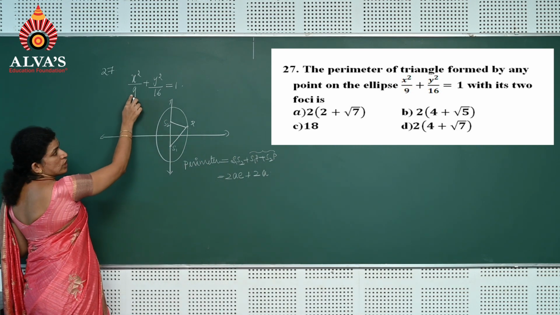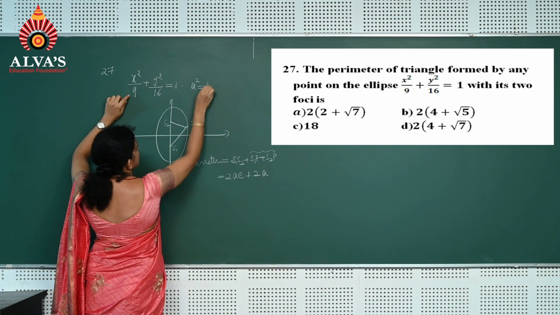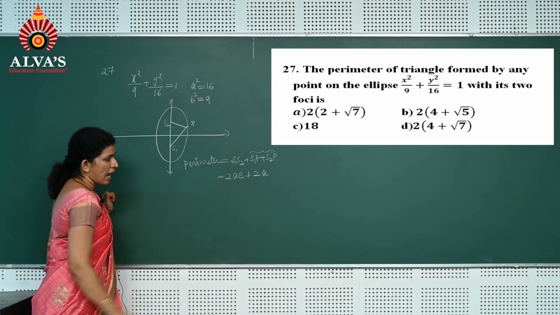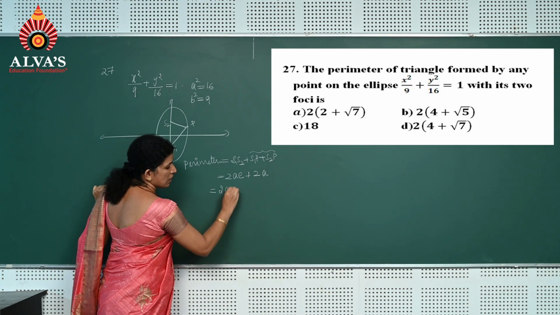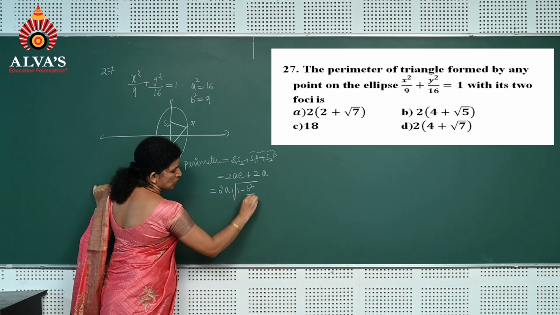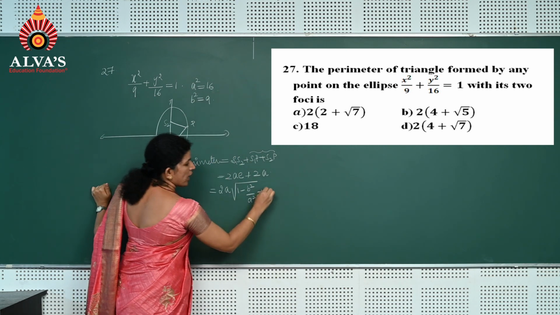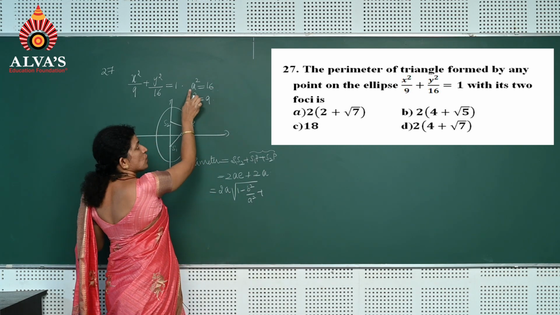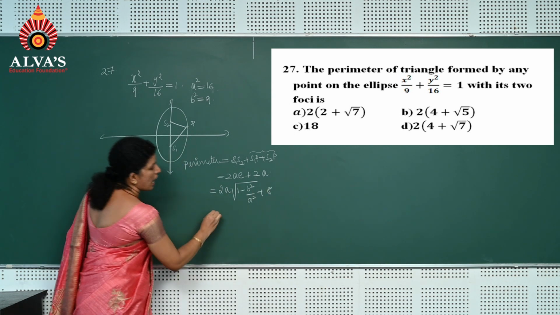Comparing to the equation, A square equals 16, B square equals 9. 2AE is 2A into the square root of 1 minus B square by A square, and A square is 16, so A equals 4, that is 2A equals 8.